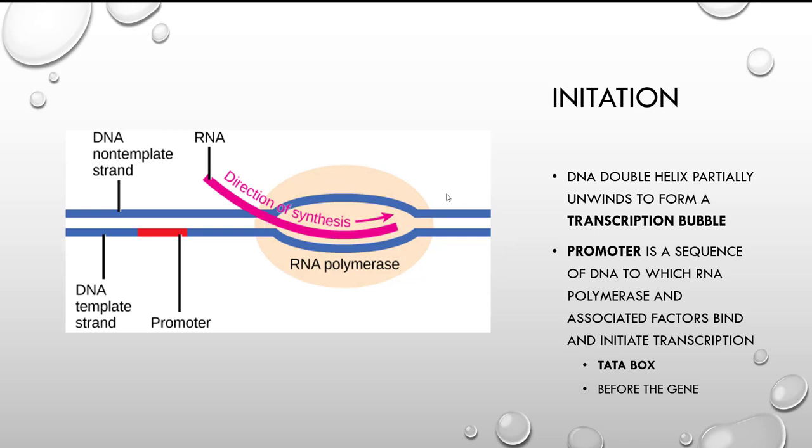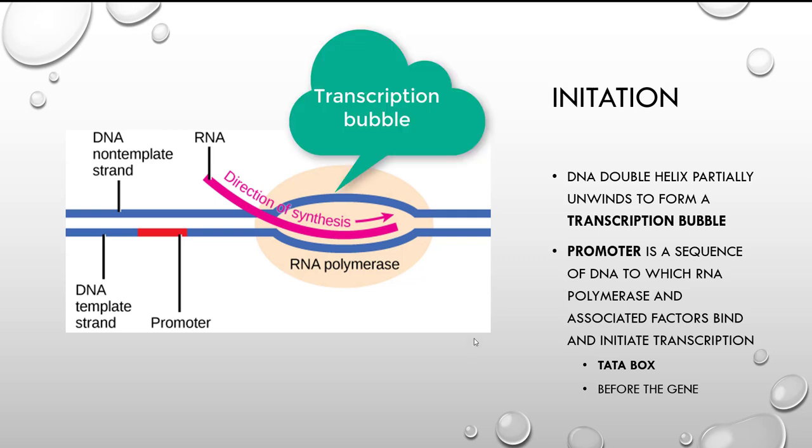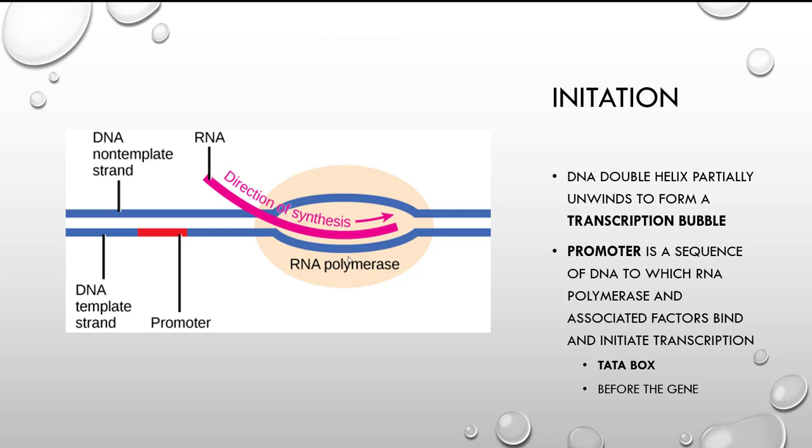This is where a transcription bubble starts to form, and that transcription bubble will be where the double helix partially unwinds, and something called RNA polymerase, which is an enzyme, will bind to the promoter sequence on the DNA strand. The promoter sequence, like what we saw from the video, is a very specific sequence.